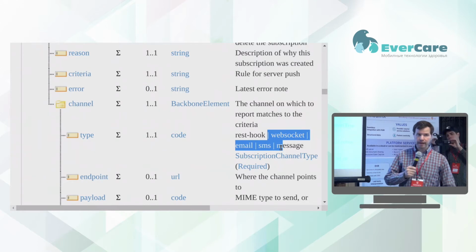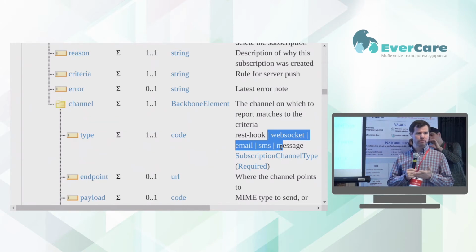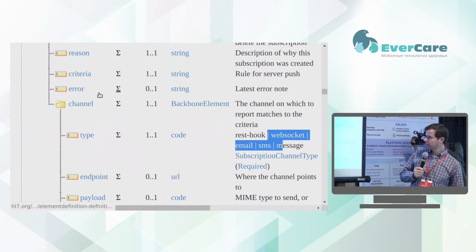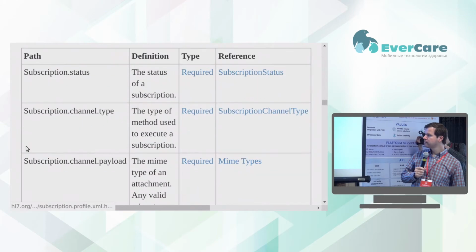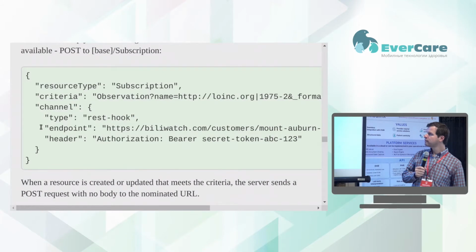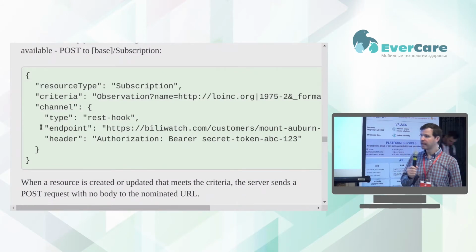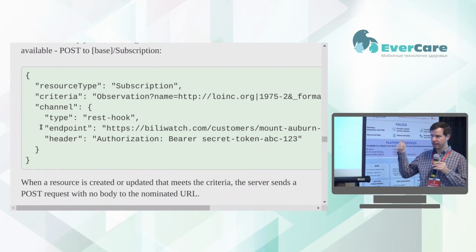So the nice thing about this API for clients is anything you can search for, you can subscribe to. For example, if you have an application that wants to be notified every time there's a new bilirubin result from the laboratory system, you could make a subscription like this.